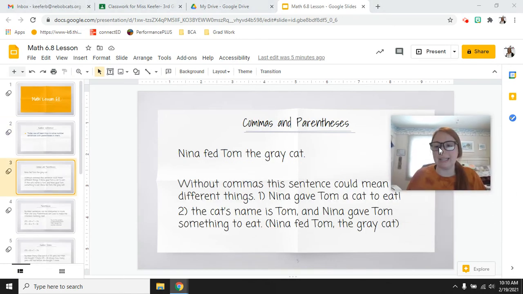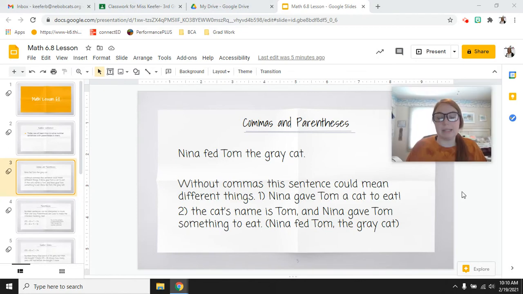So before we start looking at number models and number sentences, I want to start with talking about commas, because commas in our writing and our reading are very similar to how parentheses work in math. So if I tell you the sentence, Nina fed Tom the gray cat, there's no commas in there, and because of that, there's a couple different ways that you could read this sentence.